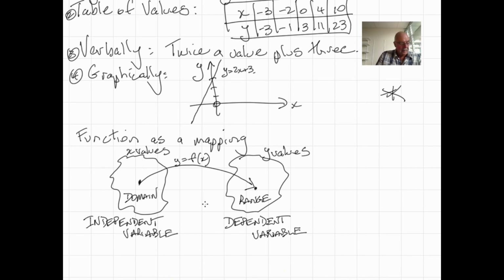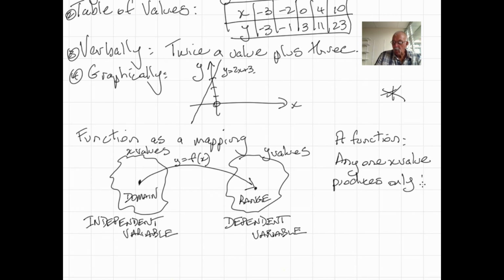An important aspect is that a function, so this is a characteristic that must be true, any one x value produces only one y value. So for a function to exist, given any one x value, we only get one y value.